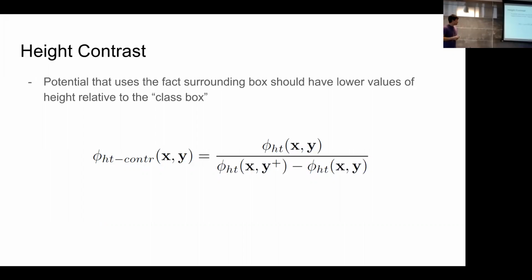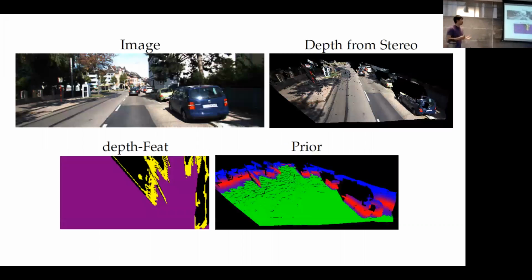All right. So when we visualize these prior and potential terms, we can see something similar to this. We have the basic stereo image. Now we have the depth from stereo, which we can get from stereo imagery. You can see a visualization of how the free space would look.